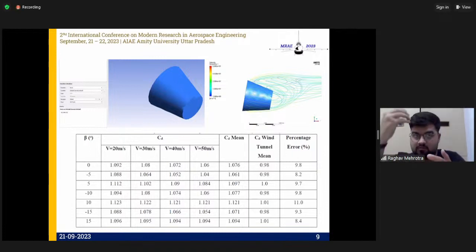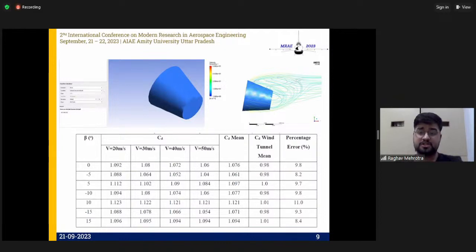It differs, so that is why it was done at all the side slips and at different velocities, and the mean value was taken. The CD wind tunnel mean values you are seeing are the ones which we have taken from the DRDO paper.